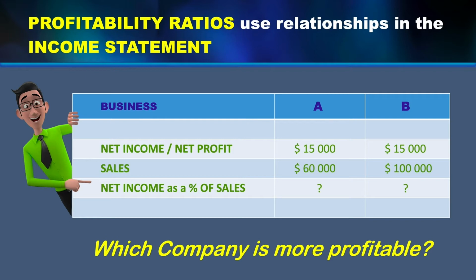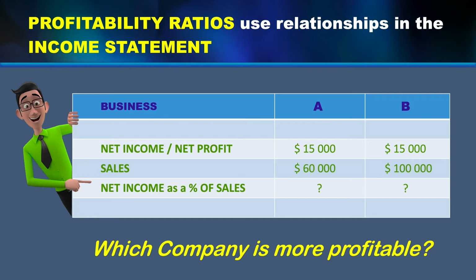You may be tempted to say that because business B would have generated more sales revenue, $40,000 more than business A, that maybe business B is the more profitable. But then you look at it and you see that their net income was the same. So then you may be tempted to say that they were equally profitable.